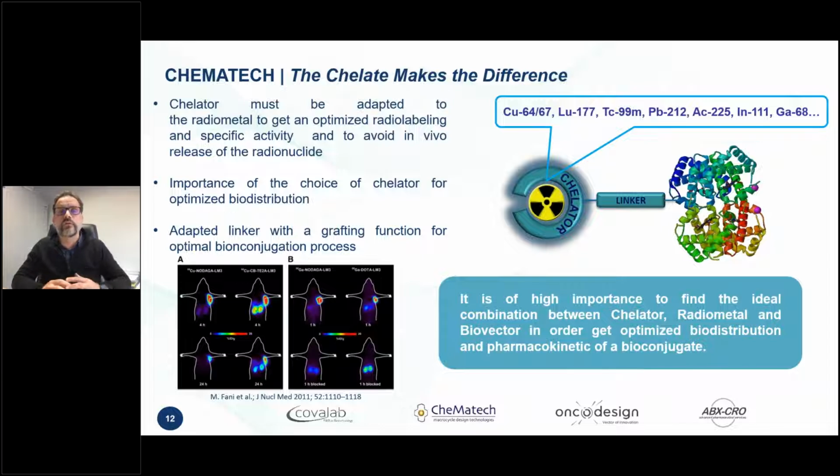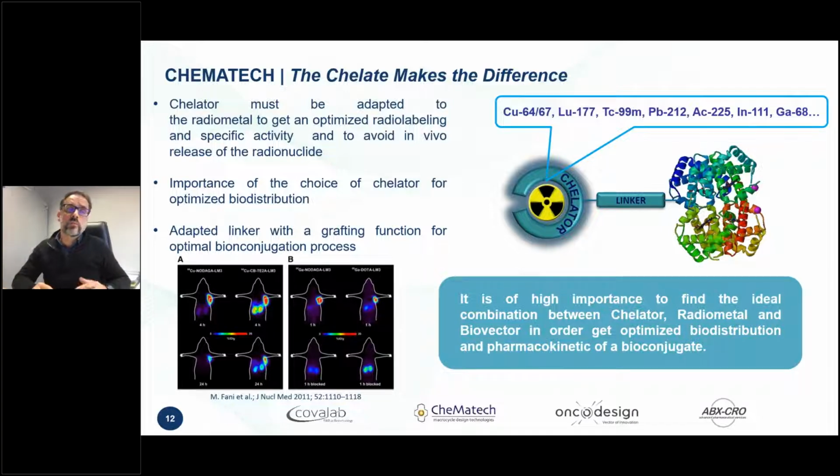In addition, you have to find a chelator allowing radiometallation conditions compatible with the stability of the biovector. For instance, for a full antibody, you have to perform the radiolabeling in mild conditions in terms of temperature, so you cannot heat above 40 degrees, and at the appropriate pH. The ideal case would be a chelator allowing radiometallation at room temperature under mild pH conditions and with high specific activity. And this is a real challenge.